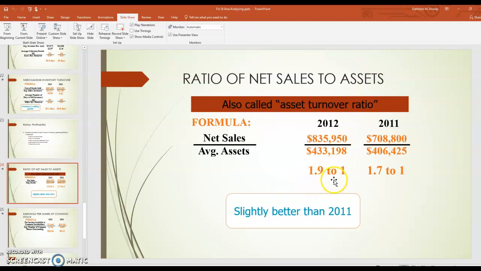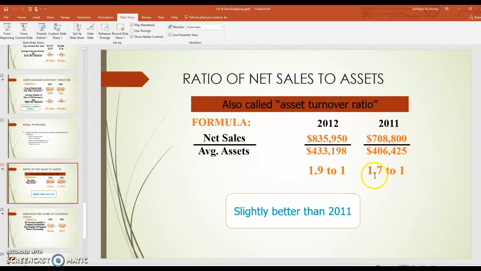So this means for every dollar of assets, I'm getting $1.90 of sales. So the whole reason we buy assets is to produce sales and net income, to produce profits. So if an asset is not going to help us produce profits, we don't buy that asset. Okay, that's what it's there for.